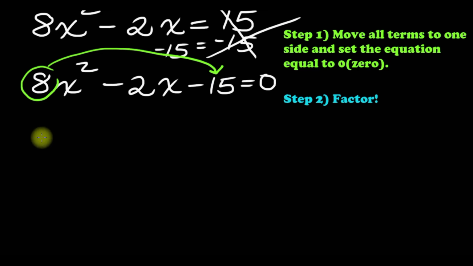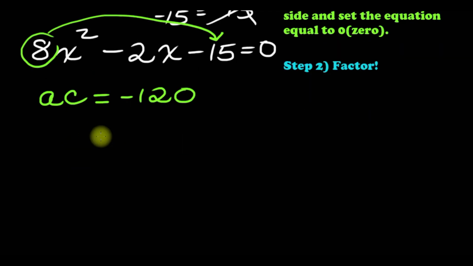That's 8 times -15, which gives you -120. And then you write down your b. Your b is negative 2. Now you have to come up with factors of negative 120, but when you add those two numbers, it comes out to negative 2. Can you think of those two numbers?